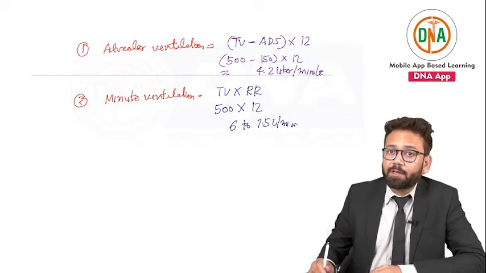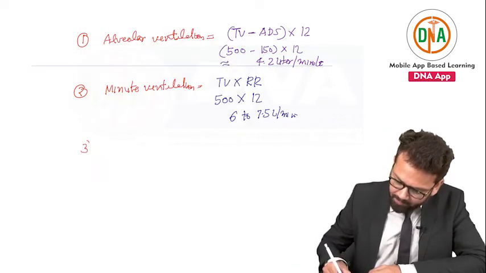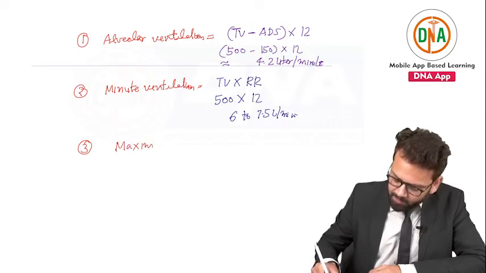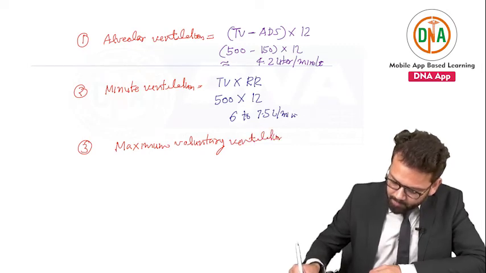This is minute ventilation. Now third is maximum voluntary ventilation. What is the maximum amount of air you can voluntarily ventilate? It is maximum voluntary ventilation or MVV.